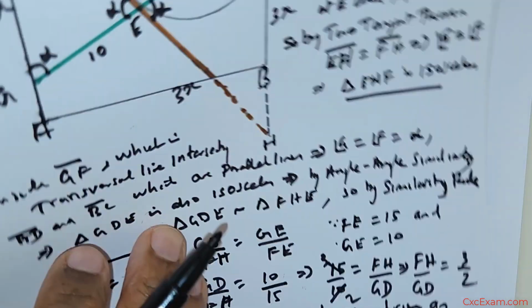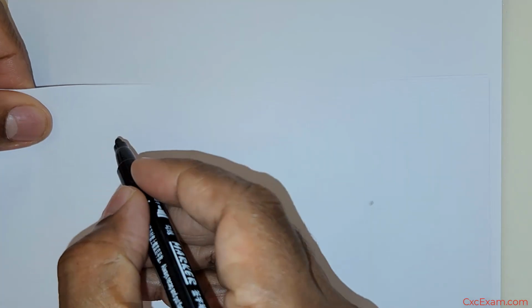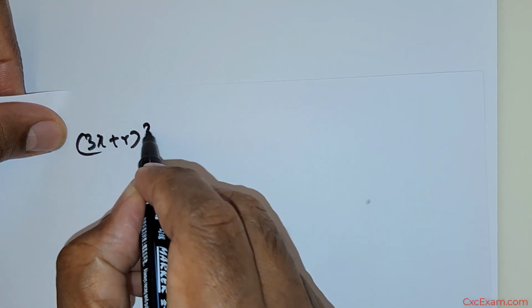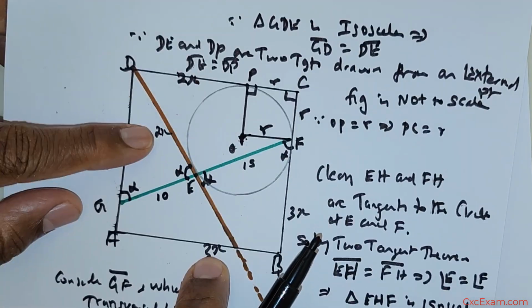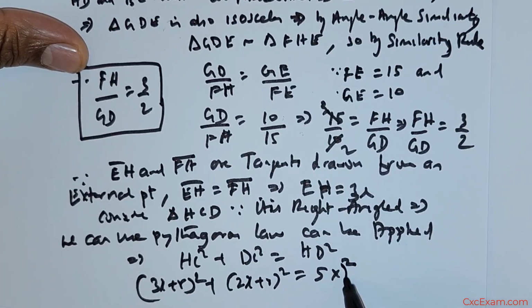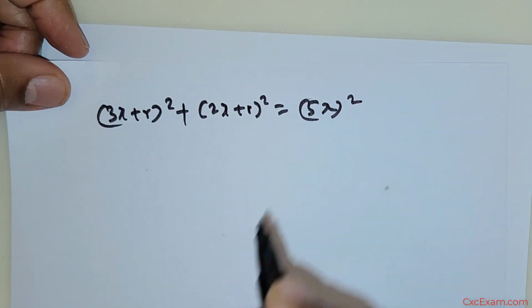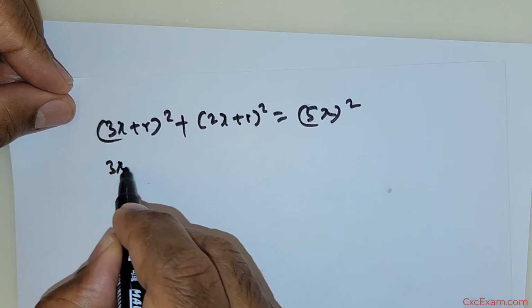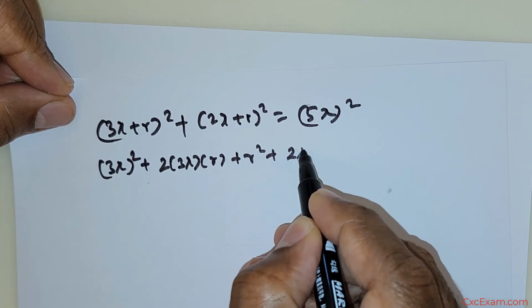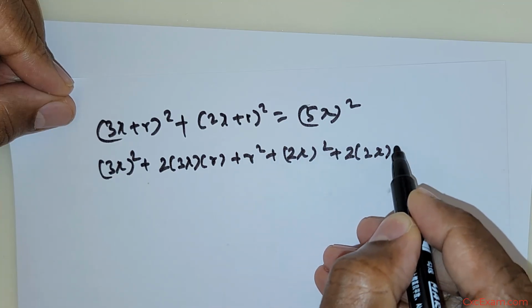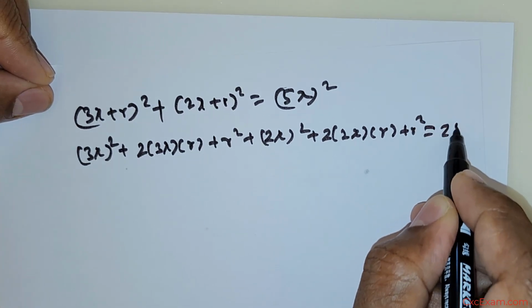So let me go to the next page. (3x plus R) the whole squared plus (2x plus R) the whole squared is equal to 5x squared. So expand this. This is going to be 3x whole squared plus 2 times 3x times R plus R squared, plus 2x the whole squared plus 2 times 2x times R plus R squared, is equal to 25x squared.